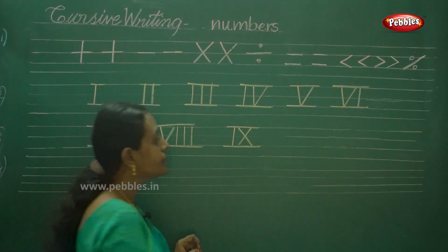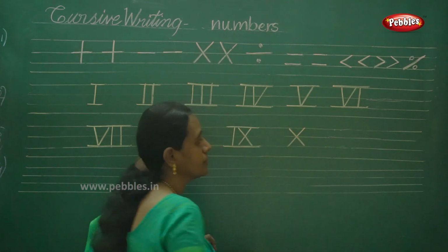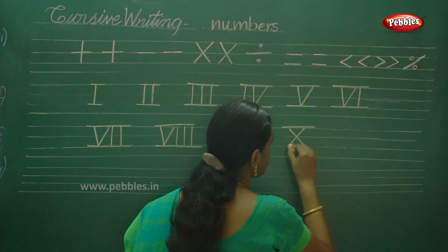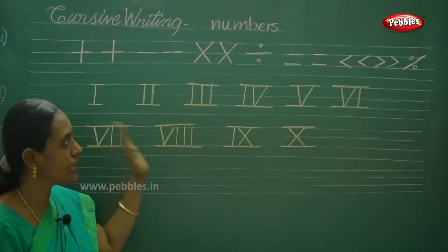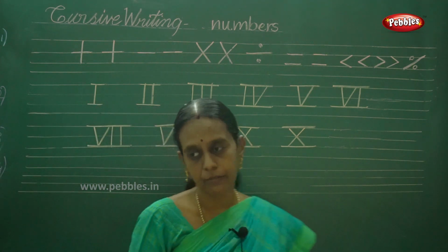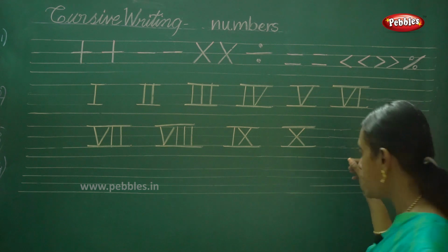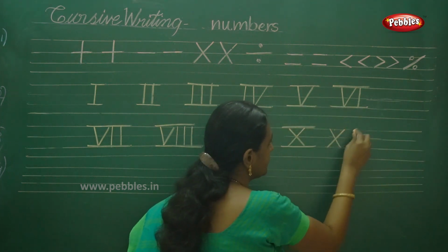Okay, children, then 10, it is very easy. Okay, 10. Similarly, follow this up to 20, so basic 1 to 10. For 20, you have to write X 2 times, that is 20. Okay, this is 20.